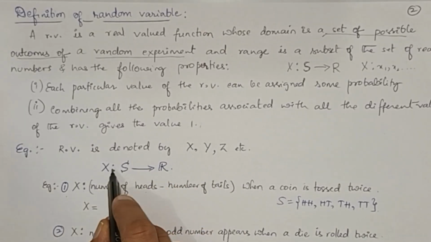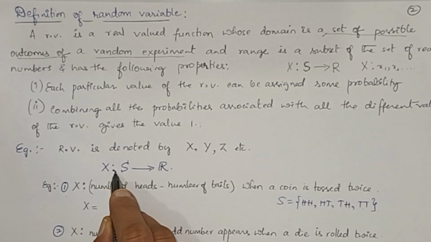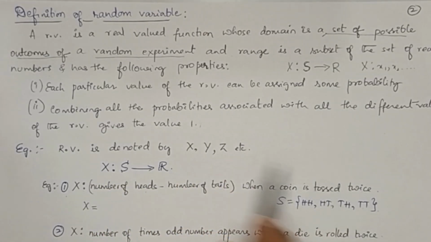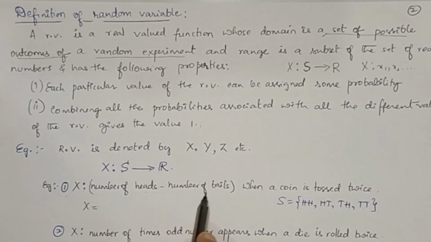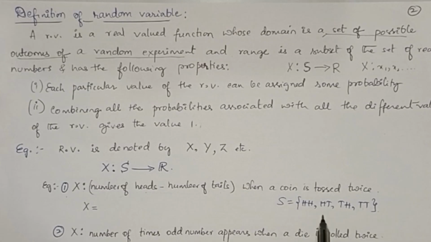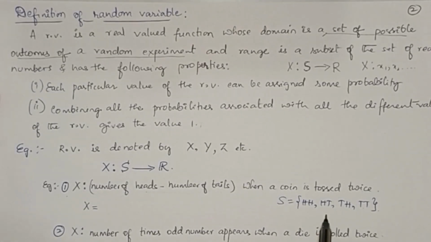Every random variable takes each outcome as input and produces an output based on how it is defined. There is no unique random variable for a given random experiment. There are different random variables for the same experiment, depending on how you define the random variable.